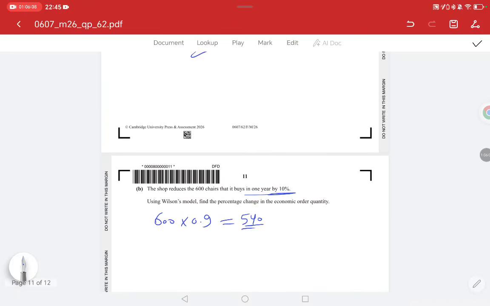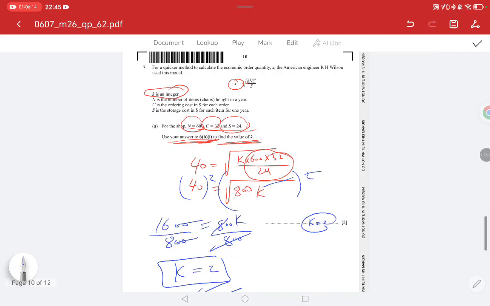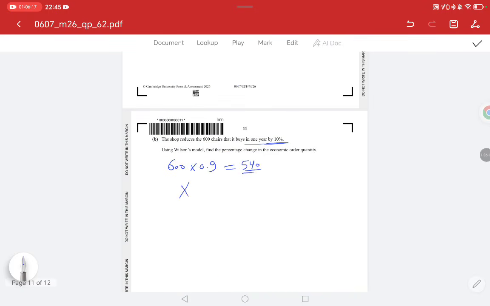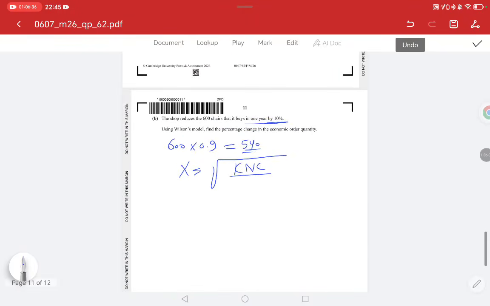Using the Wilson model, find the percentage change. First, let's see how it will be if we substitute in this formula, x equals the square root of K n C over S. Now the number is different, right?